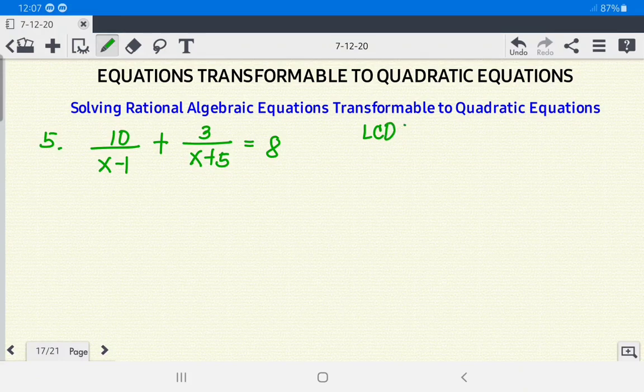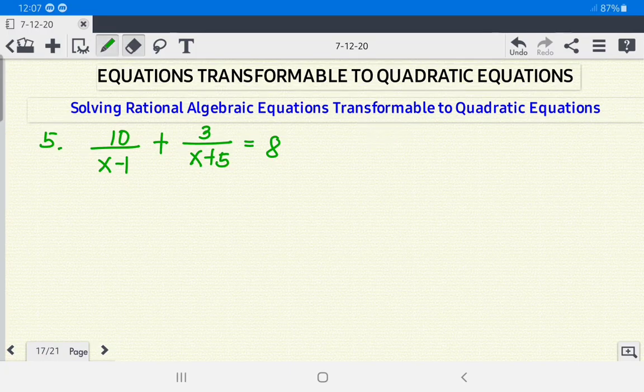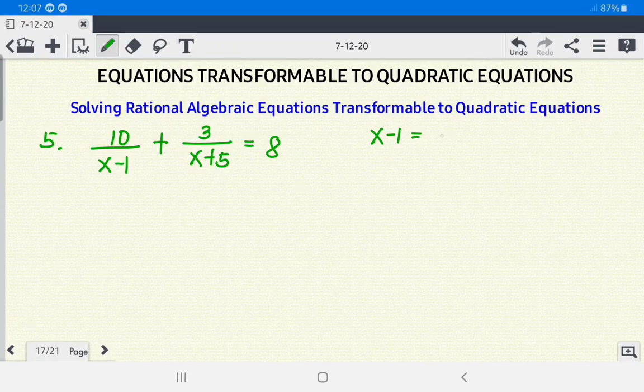So LCD is for the first denominator, okay, we have x minus 1. So factors are x minus 1 times 1, right? For the second denominator, x plus 5, factors are x plus 5 times 1.